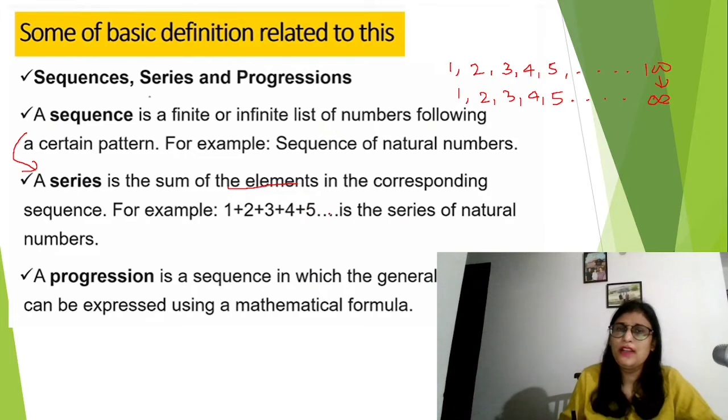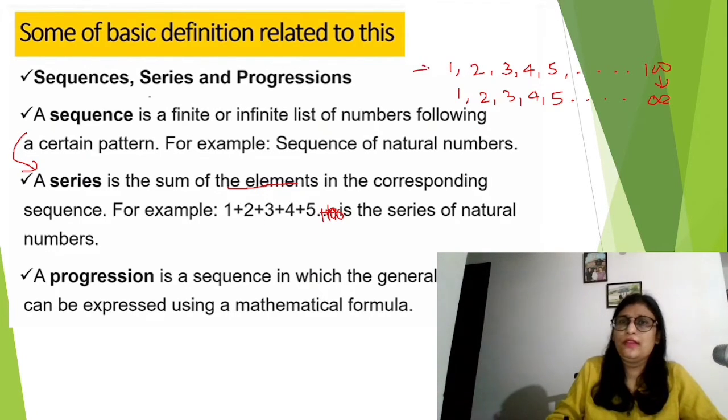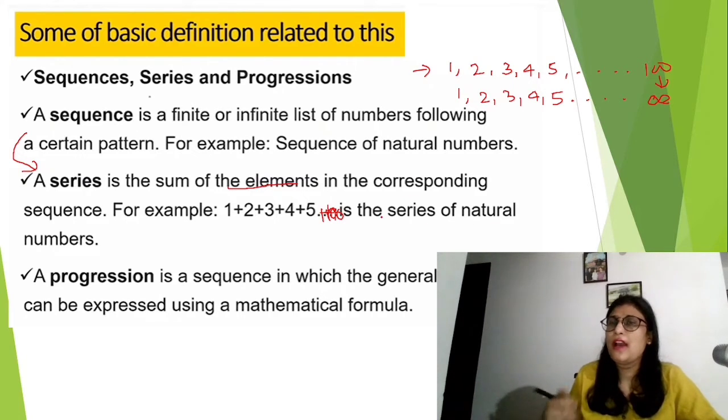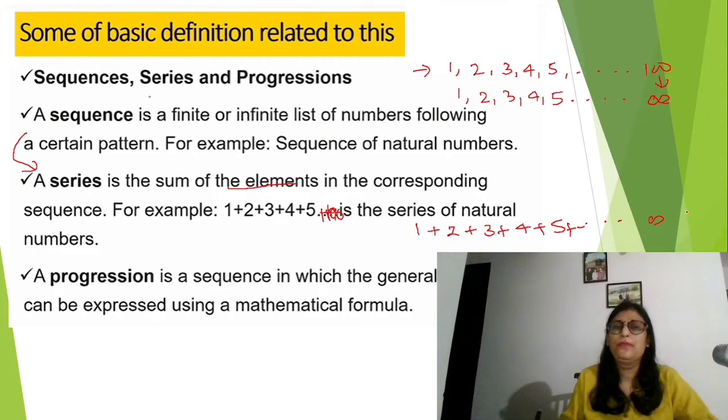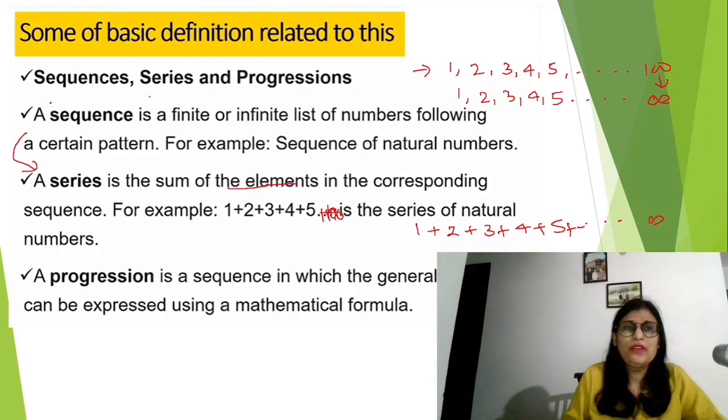In this case it is 100, so this is the series for this pattern. If I don't know the pattern, meaning I don't know the last number, then we can write it just like this.